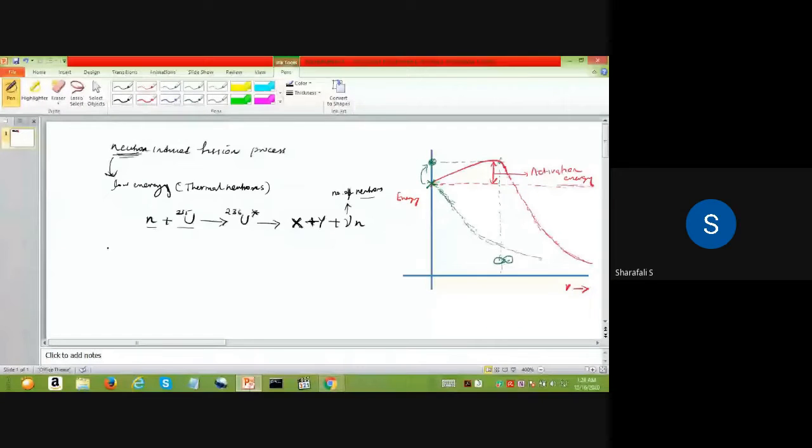When this uranium 235 absorbs this thermal neutron, it will go to the excited state. Okay, and it will become uranium 236 because one more neutron has been absorbed, and the total number of nucleons increases. That will increase the mass number by 1, and it will be in an excited state.